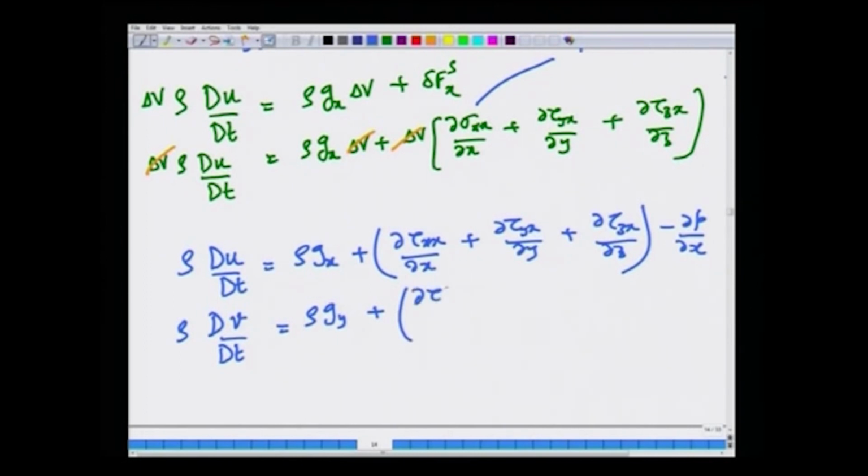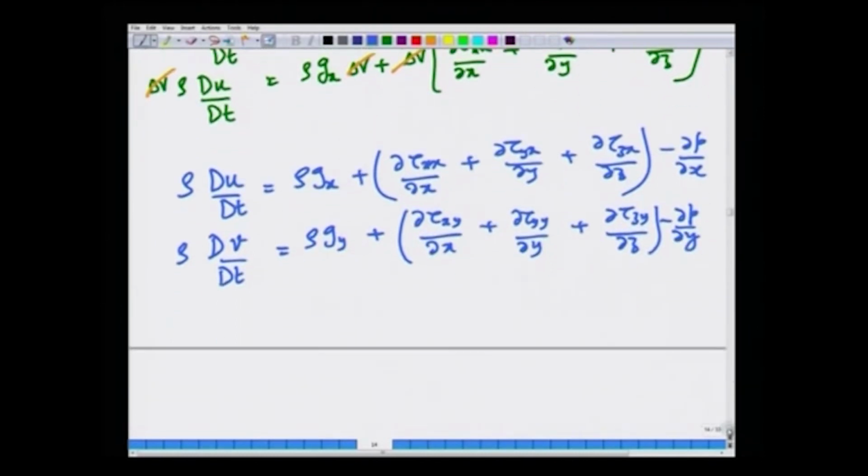Now, I am splitting the normal stress into pressure plus normal viscous stress. Then the z component of the differential momentum balance.